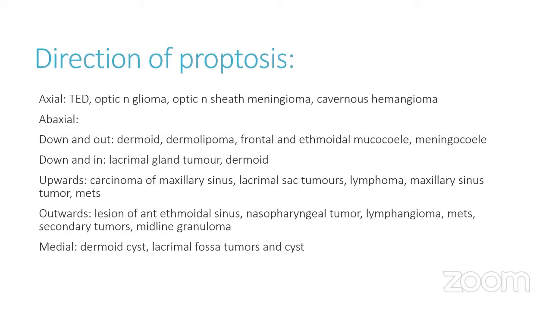The upward movement could indicate a carcinoma of the maxillary sinus, lacrimal sac tumors, lymphoma, maxillary sinus tumors, or presence of any metastasis. Outward displacement could be because of a lesion of the anterior ethmoidal sinus, nasopharyngeal tumor, lymphangioma, metastasis, secondary tumors, or presence of any midline granuloma. The medial displacement could be presence of a dermoid cyst, a lacrimal fossa tumor, and cyst.